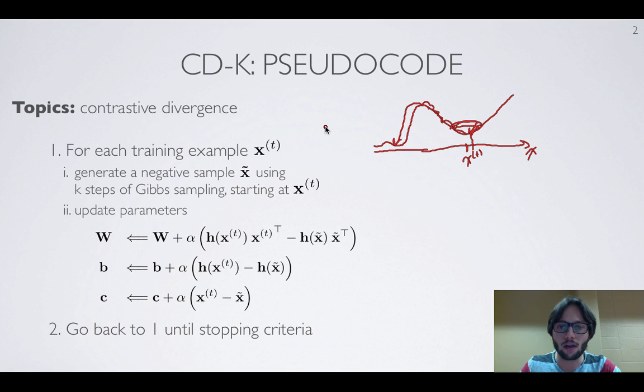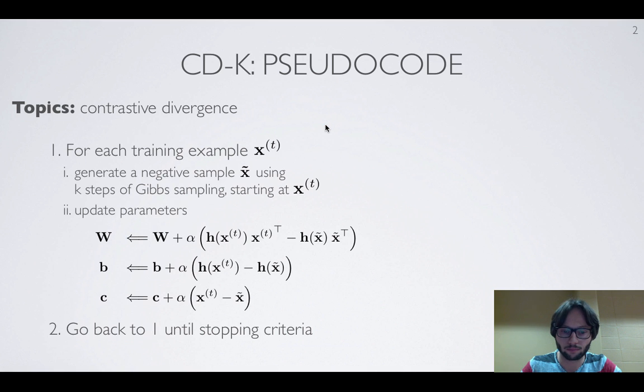So we'll see a very simple modification of the contrastive divergence algorithm, which partly solves this problem and yields a much better estimator and a much better model of the probability distribution that generated our training set.